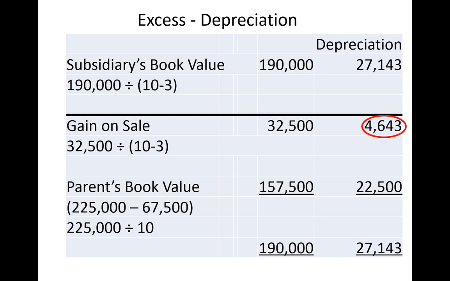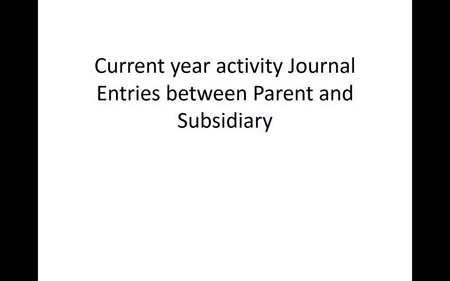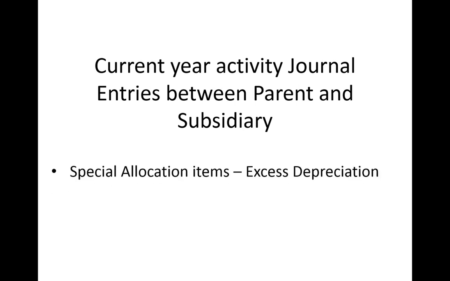So that means we need to increase the income from the subsidiary by this excess amount. And when we do that, if we add $4,643 back to the sub's net income, what that does is, in effect, makes the depreciation $22,500. So what we're going to do is we're going to add back each year that excess depreciation amount.